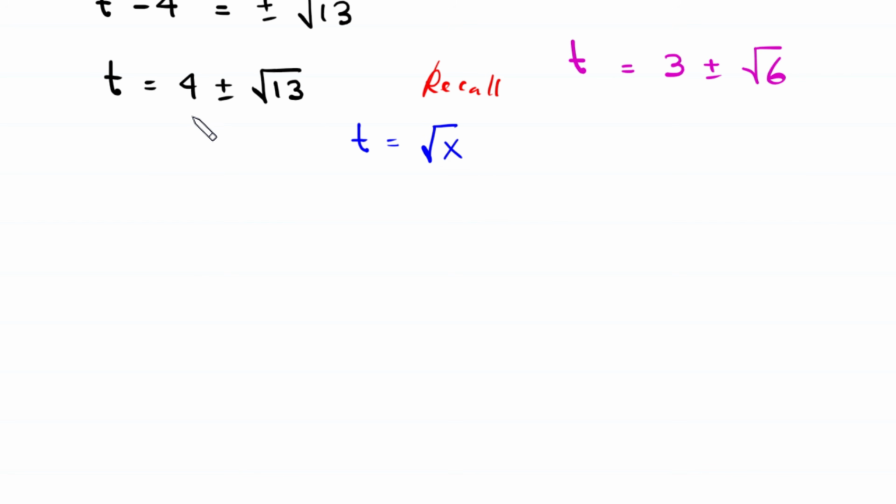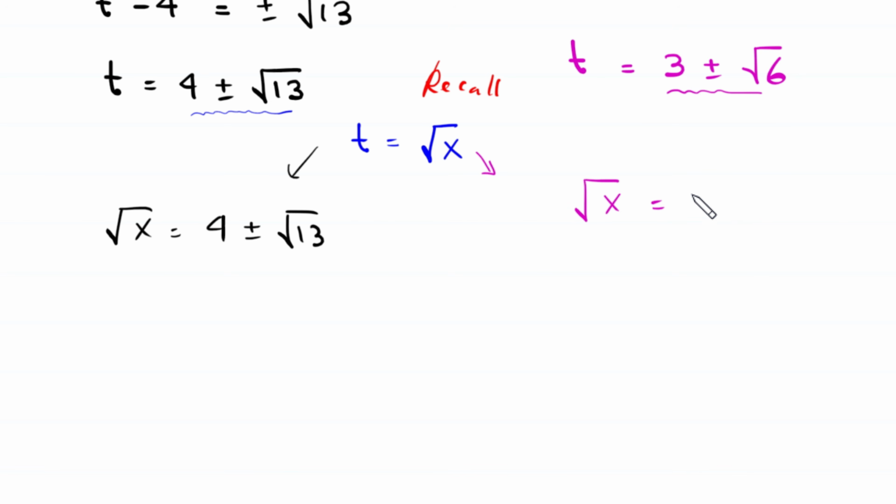So when t is equal to 4 plus minus root 13, then this will become root x equal to 4 plus minus root 13. When t is 3 plus minus root 6, then this will become root x equal to 3 plus minus root 6.